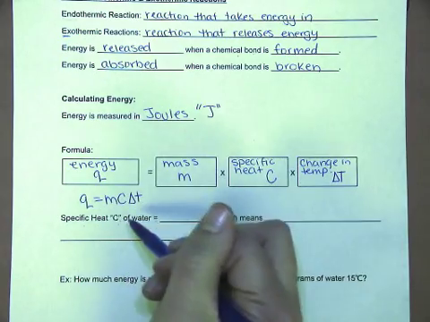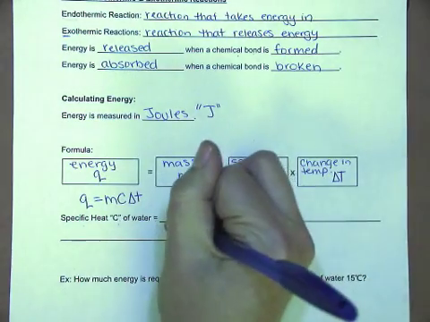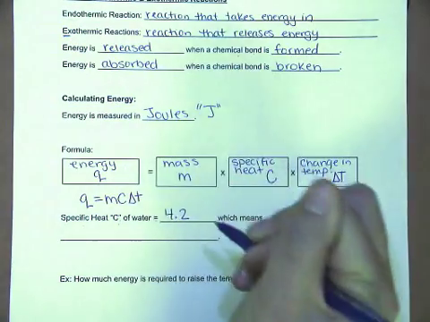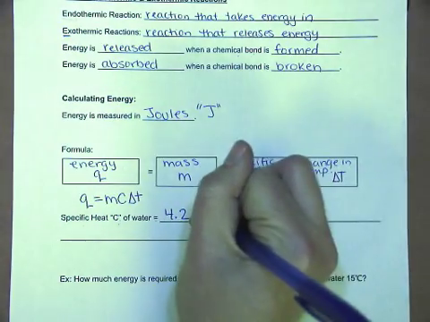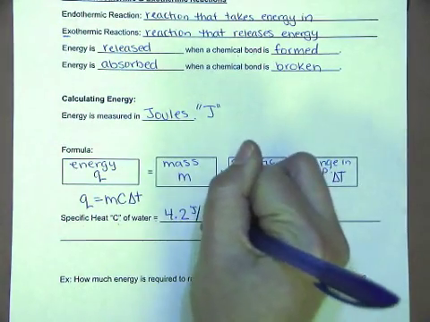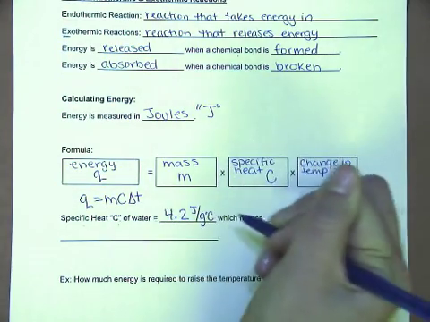So my specific heat of water, well, I want to know what is specific heat. What does that mean? Well, the specific heat of water, the numerical value is 4.2, and its units are kind of funny. It's joules divided by grams degrees Celsius.